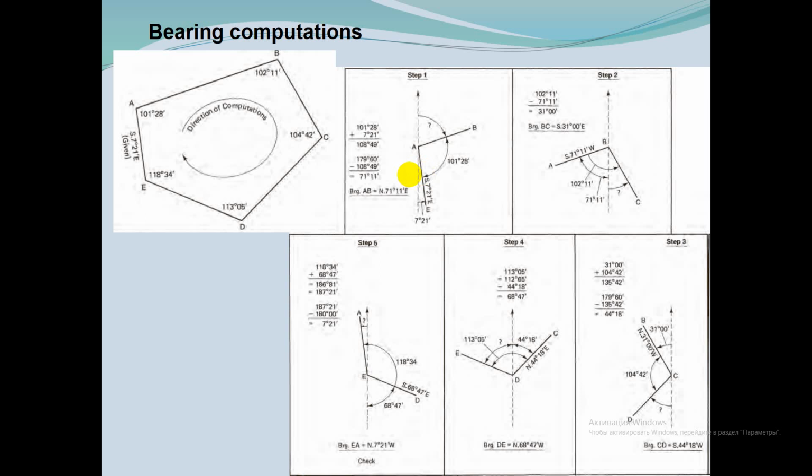That is, the bearing of AB will be 179 degrees minus this one plus this one.